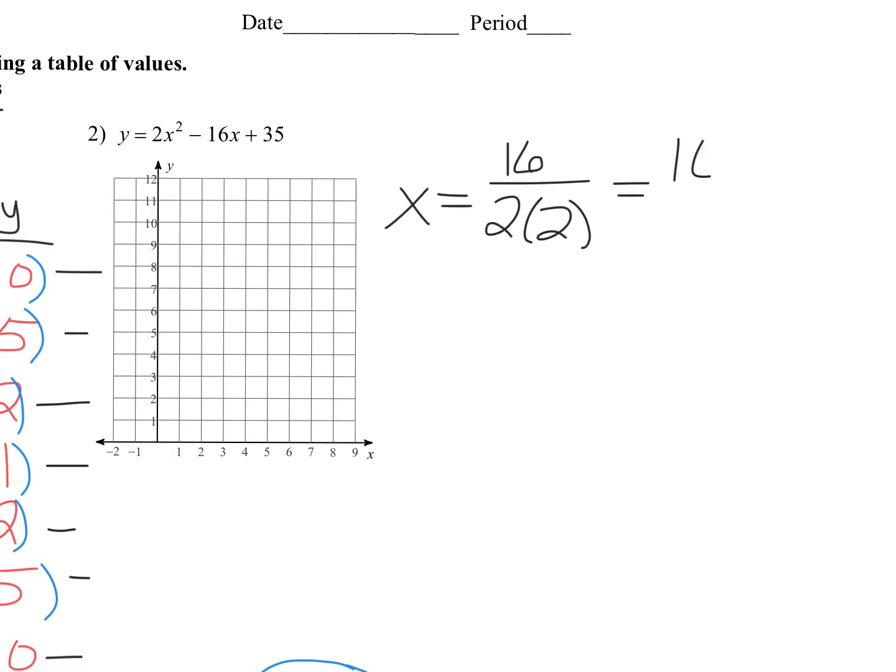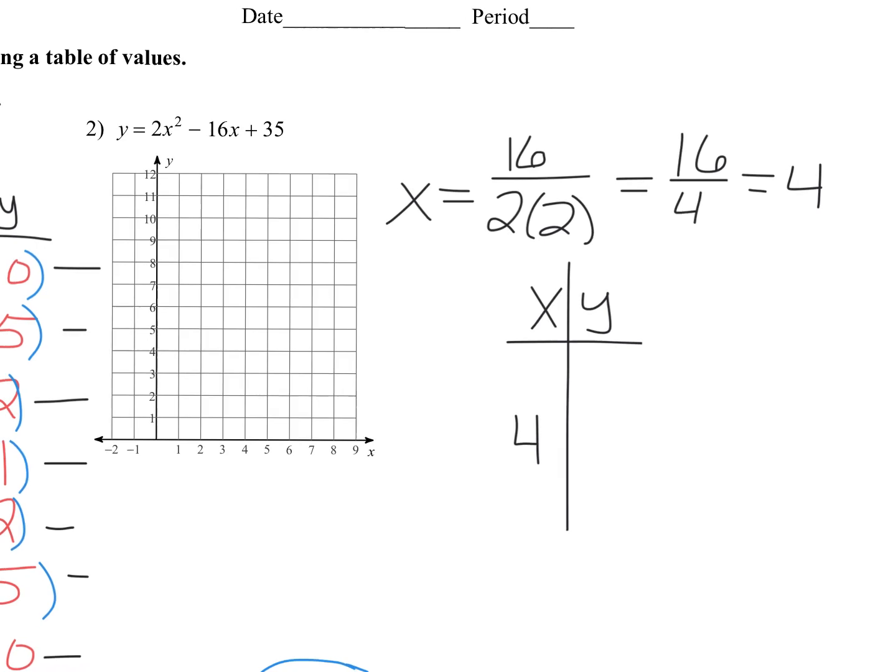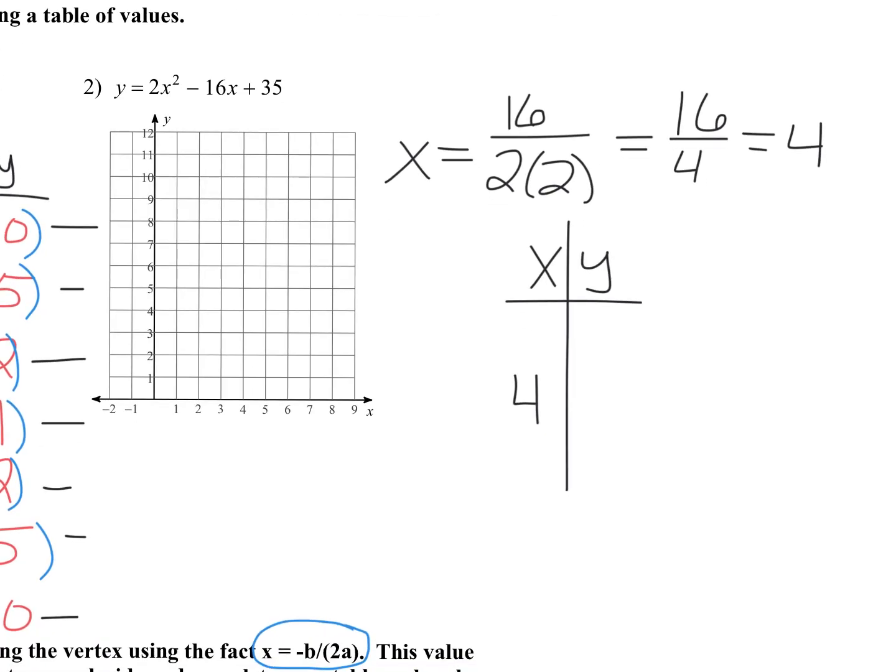Okay, so we have 16 divided by 4, 4. So if I use my XY table and I plug in 4, you got to think order of operations. So if I plug this in down here, I have 4 squared minus 16 times 4 plus 35.